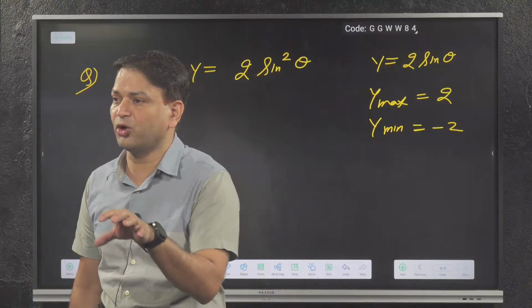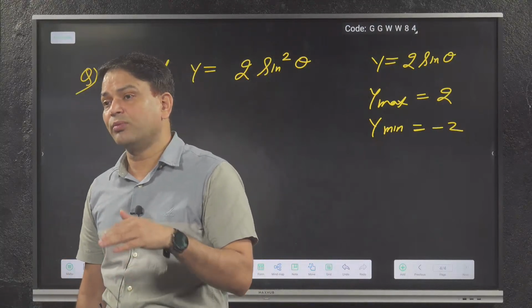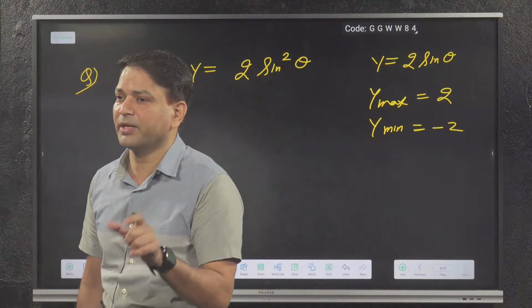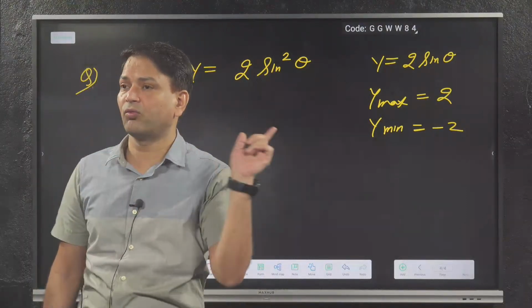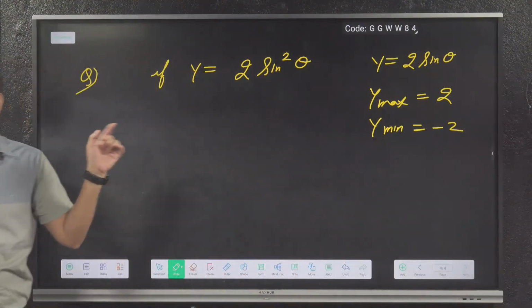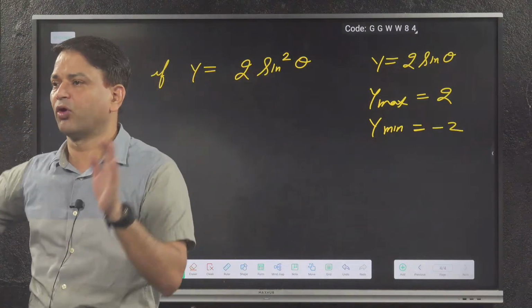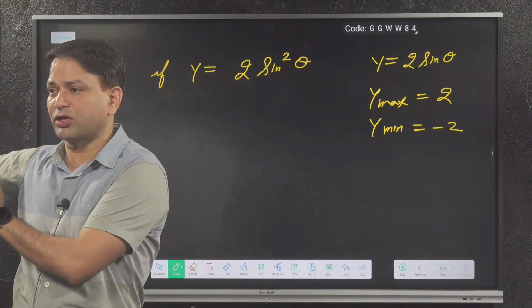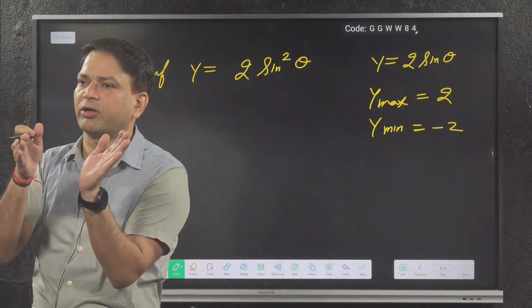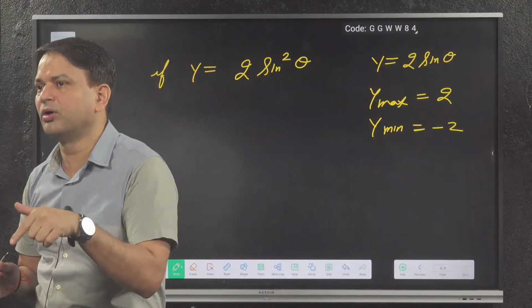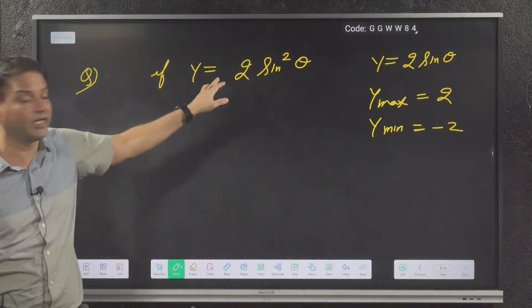Sine square theta will always be positive. Now what is the positive minimum value? 0. Then what is the minimum value of y you will get? 0. What is the difference between sine theta and sine square theta? Sine theta can be negative also, but sine square theta will never be negative. So what is the maximum value of y here? 2.